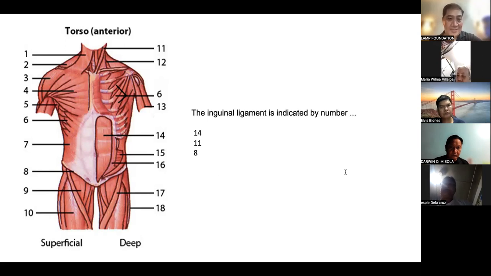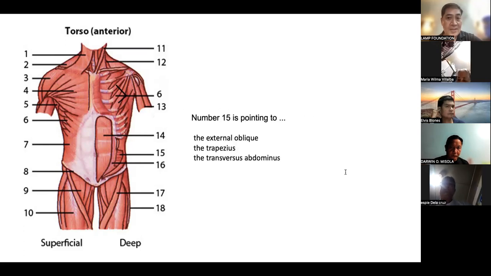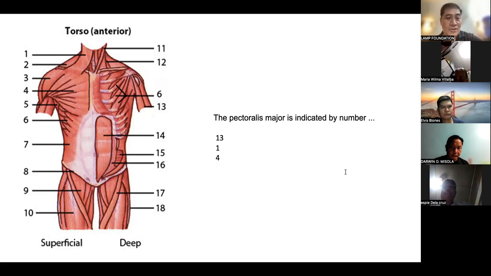Number 11, the sternocleidomastoid. External oblique, number 7. Serratus anterior, number 6. Pectoralis major, number 4.